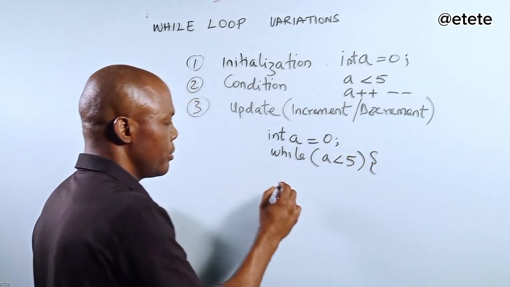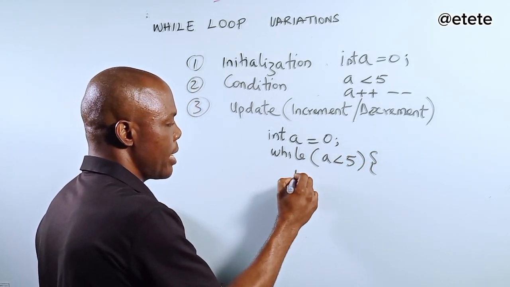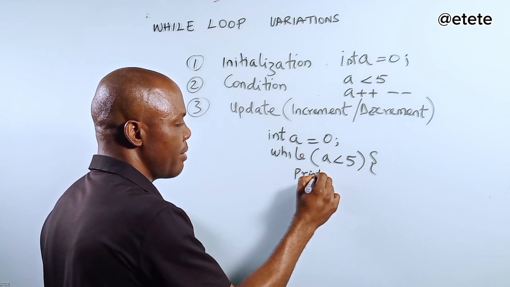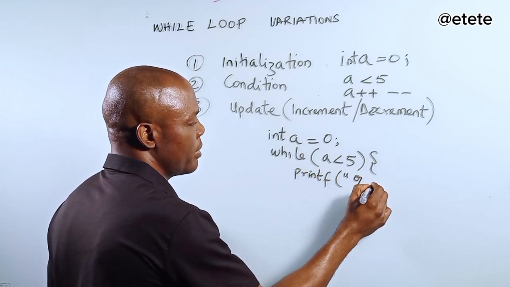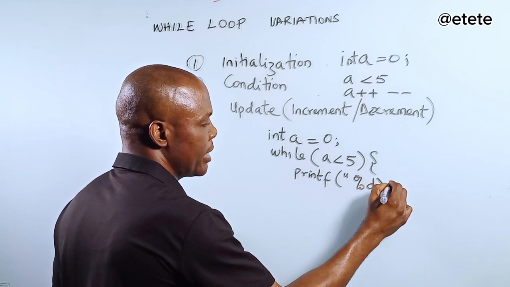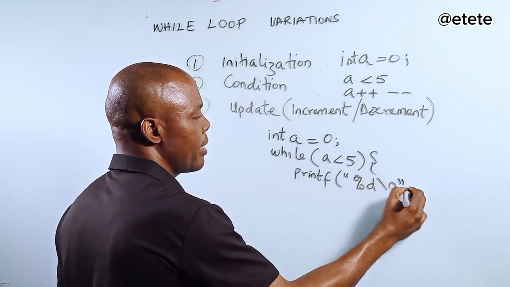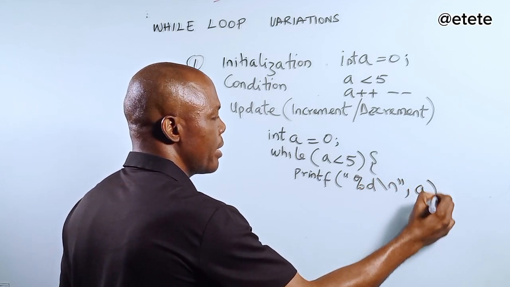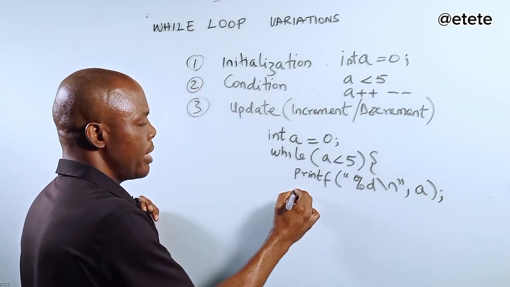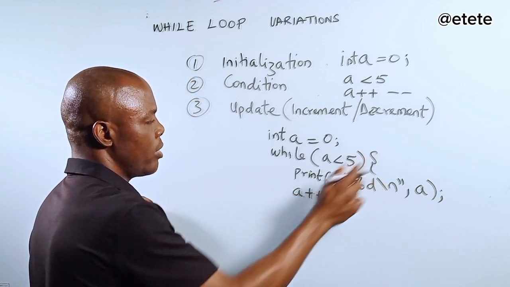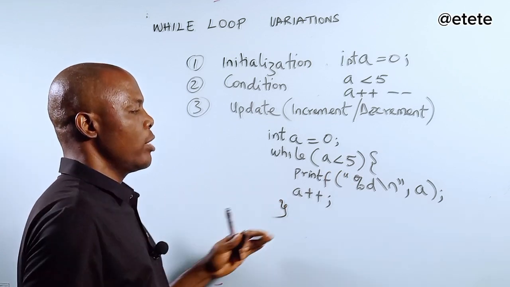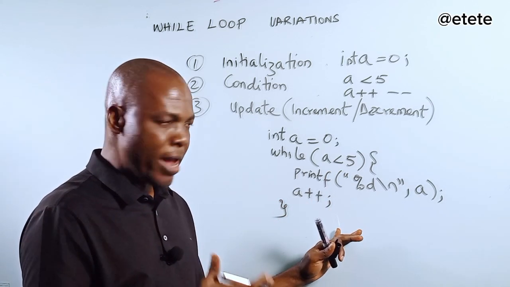Inside it, I say printf with the format specifier %d \n, and then A. That is a statement. And then I say A plus plus, another statement. So this is a standard while loop.